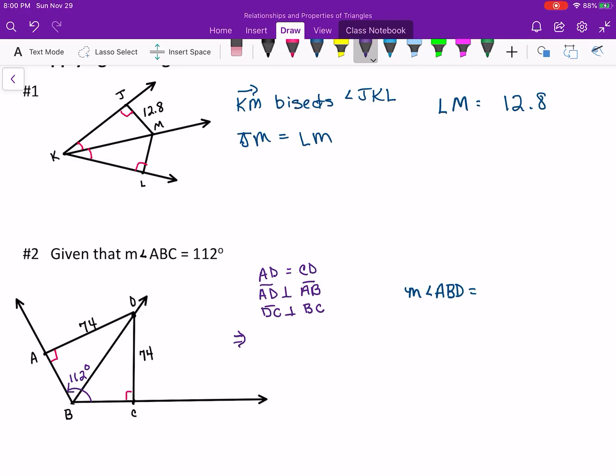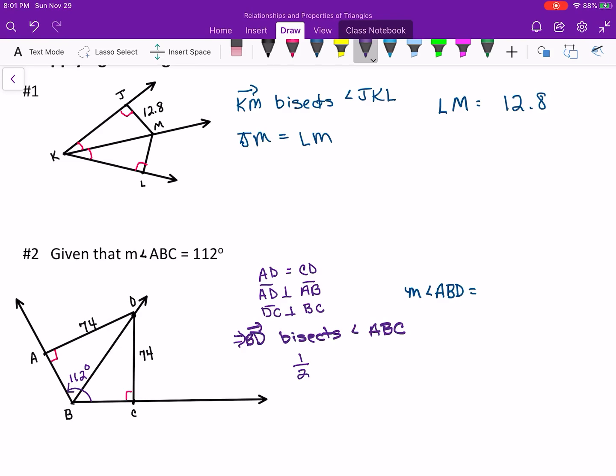So by the converse, D, or in other words, BD, let's just write that ray, is the bisector of the angle. So it bisects angle ABC. Well, if it bisects it, it cuts it into two equal pieces. And our total angle is 112.